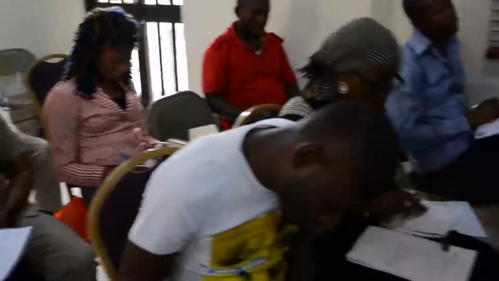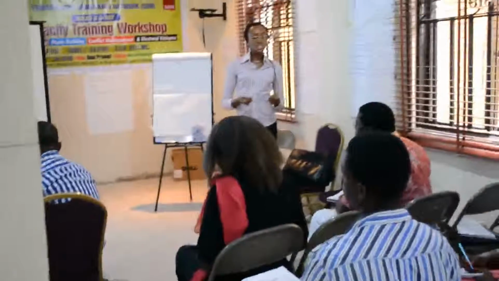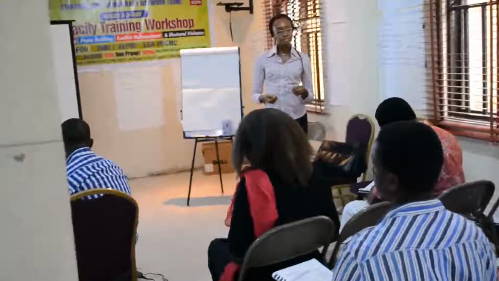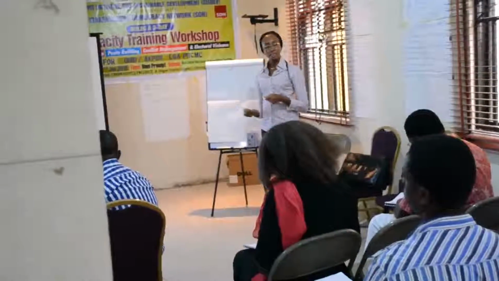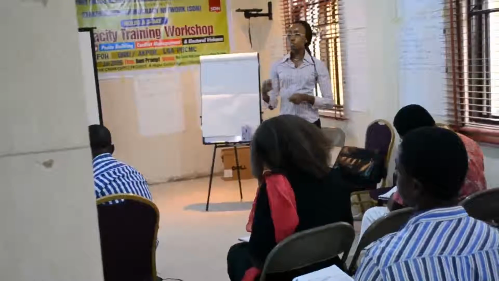So when you're doing the conflict profiling, basically, there are certain key questions you should ask yourself when you're trying to profile the conflict. What is the political, what is the economic, and what is the socio-cultural context in which that conflict is located? And because, like I said earlier, conflict is dynamic, it varies from place to place.